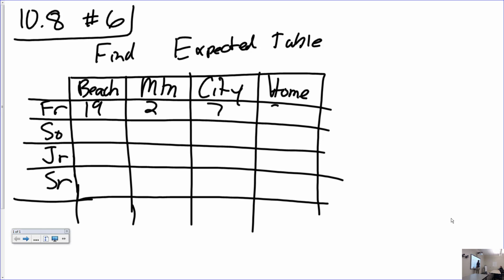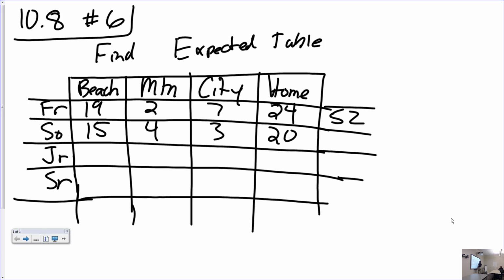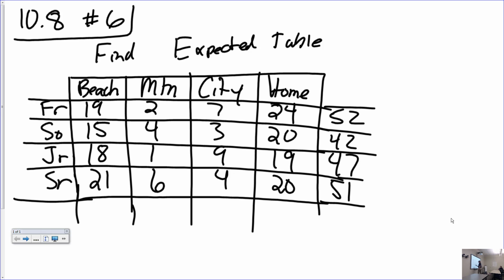You just start with 1. 15, 4, 3, 20, 52 up here. 42, 2, 18, 1, 9, 19, 47. 21, 6, 4, 20, 51. 73, 13, 23, 83, 192. Alright.